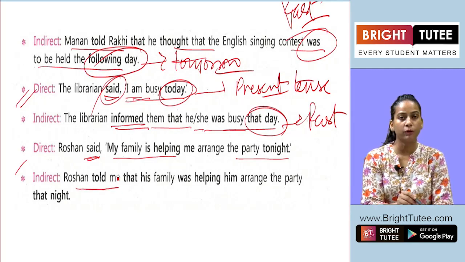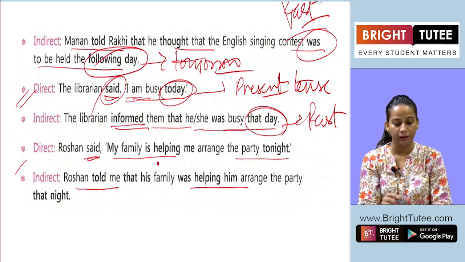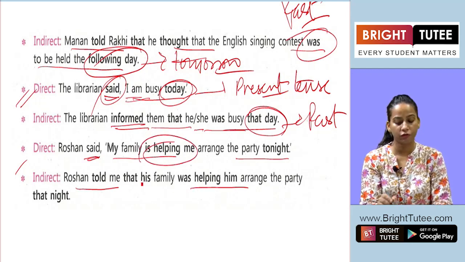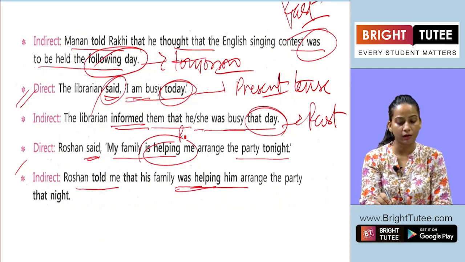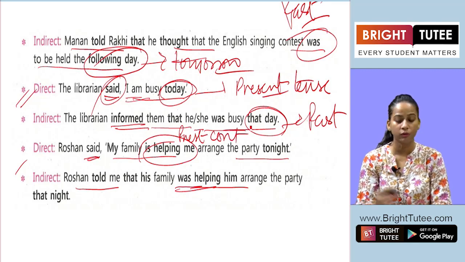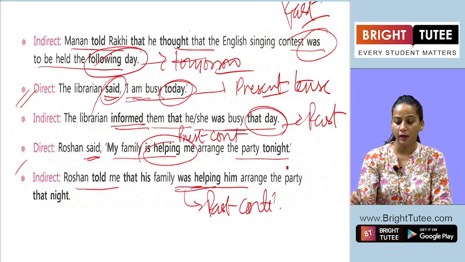So Rohan told me that his family was helping him. Is helping changed to was helping. Clear? It was present continuous here, so you must be recalling the rule that present continuous will change to past continuous. Him arrange the party and this tonight.